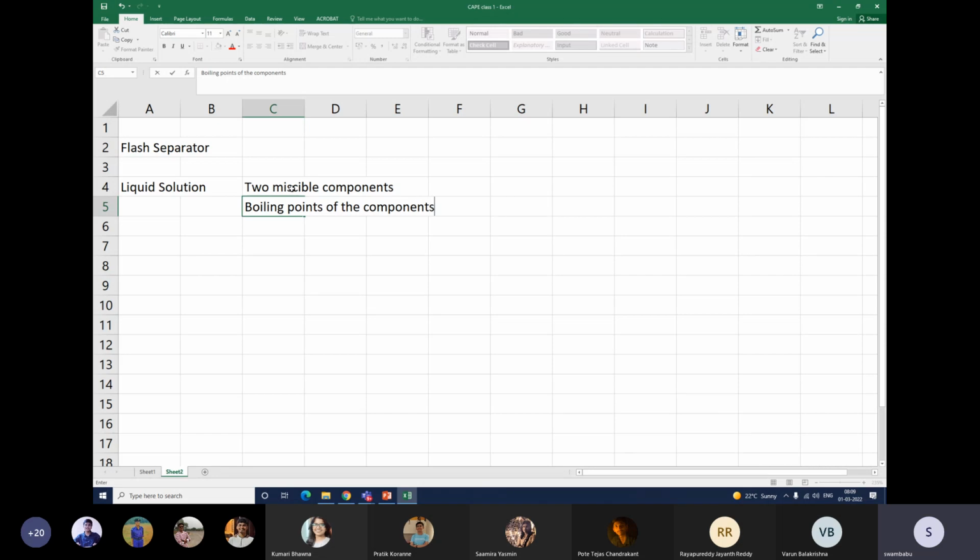We can use a distillation column or flash separation; all come under the same umbrella.